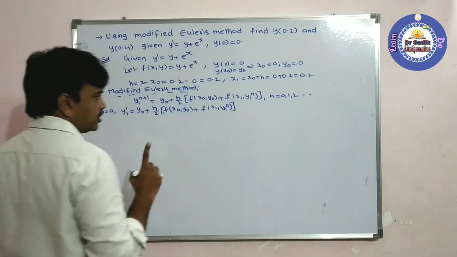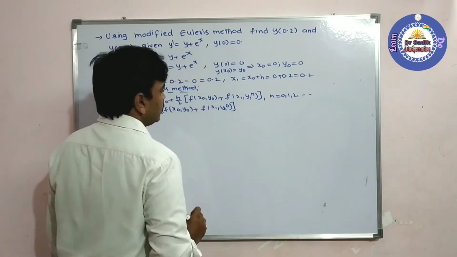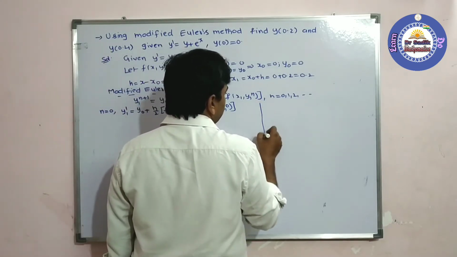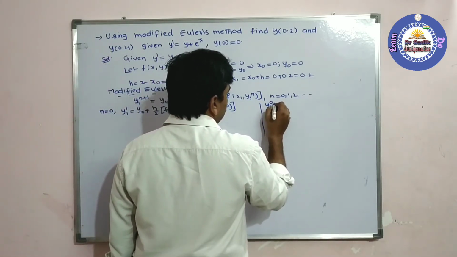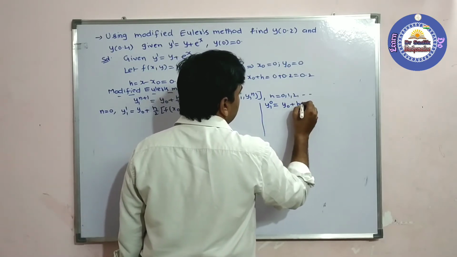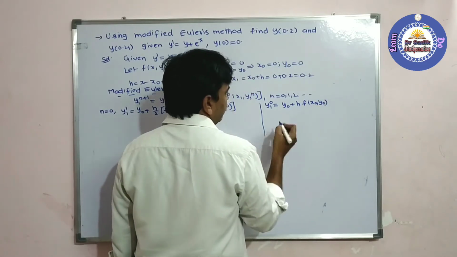As I already told you in the concept, you first find y1^(0). So what is y1^(0), students? y1^(0) is y0 plus h into f(x0, y0).